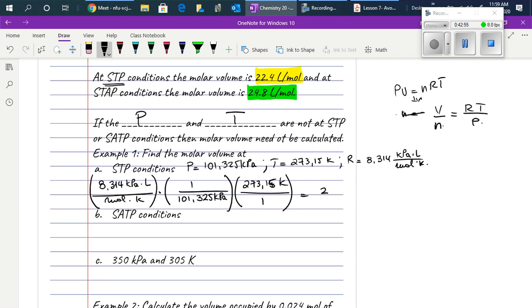Then you will have 22.4 liters per mole, which is the molar volume at STP conditions.